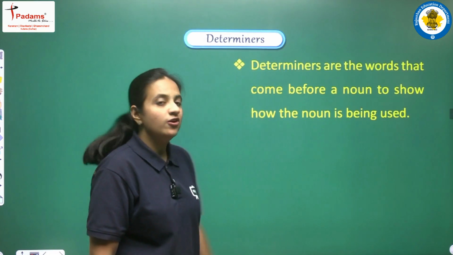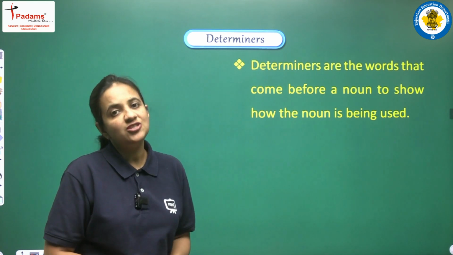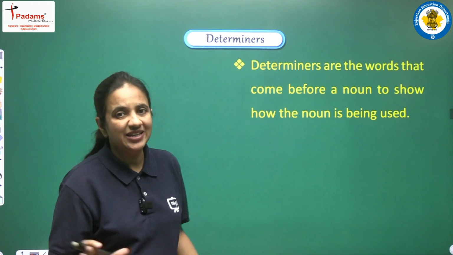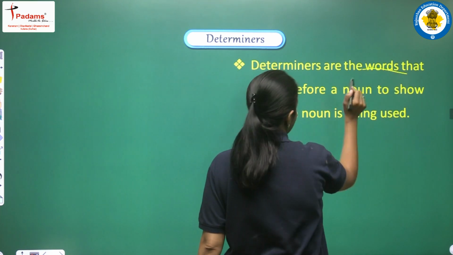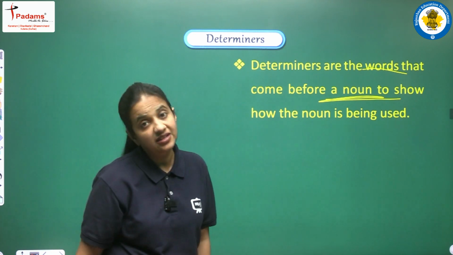So students, first of all we have the basic thing related to this topic, determiners. First of all we will try to understand what determiners actually mean. So let's read. Determiners are the words that come before a noun to show how the noun is being used.